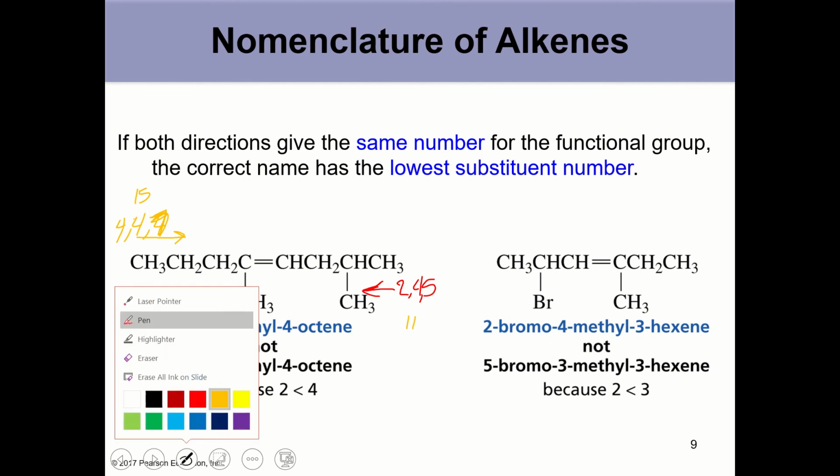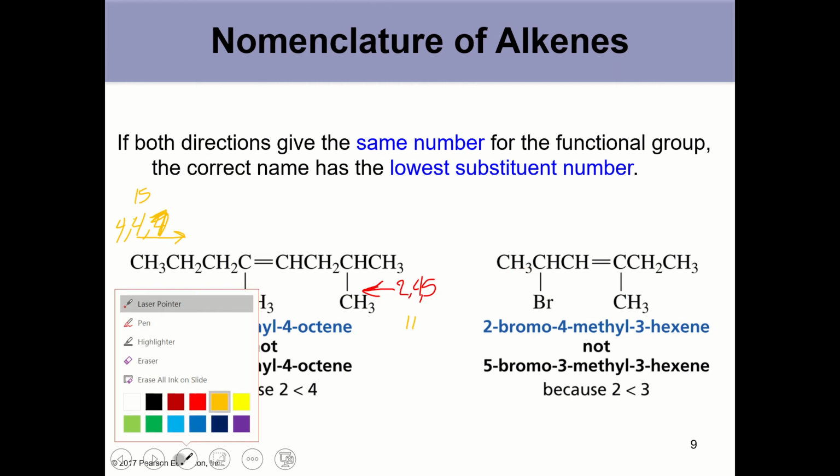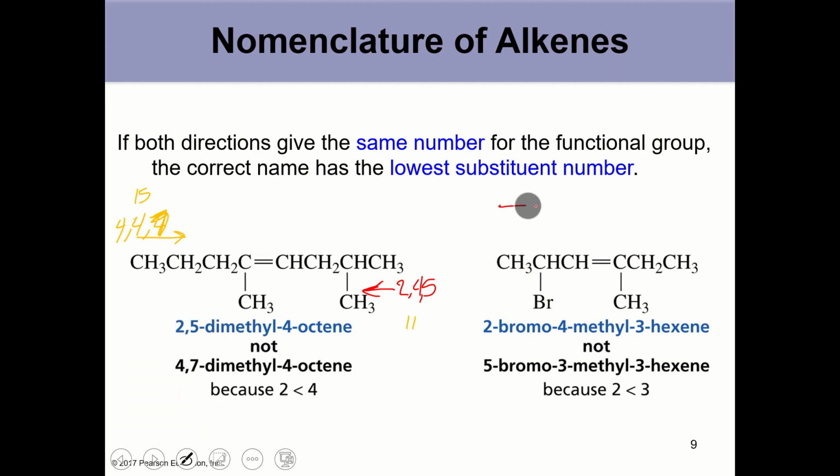We have a second example of numbering from the left or the right, putting the pi bond at carbon 3 from either direction. If we label the substituents starting from the left and moving to the right, we have a substituent at 2, we have the pi bond at 3, and we have another substituent at 4.